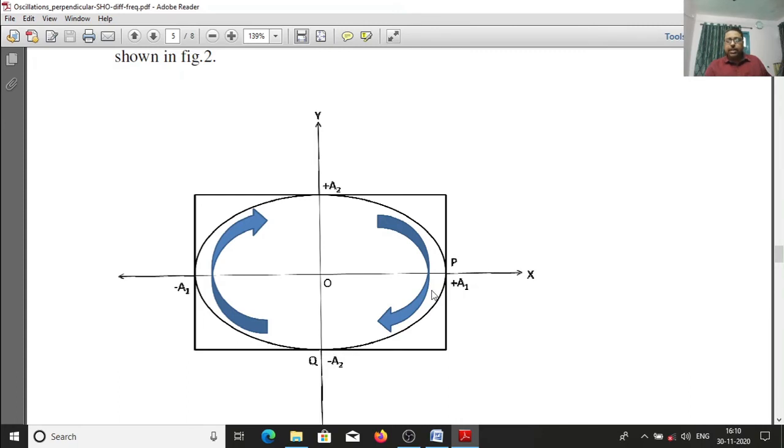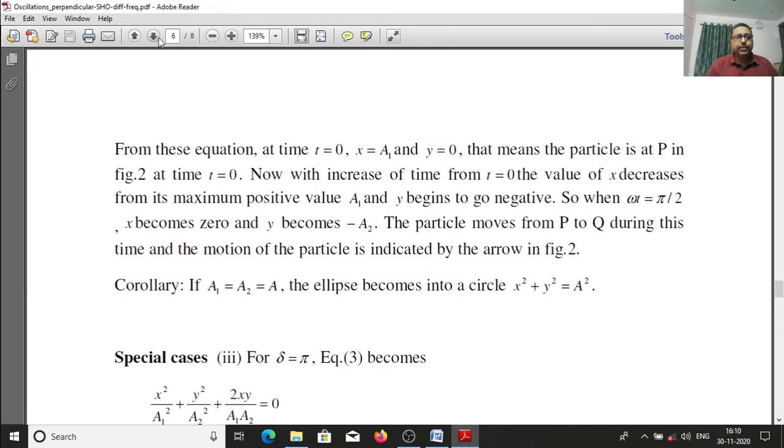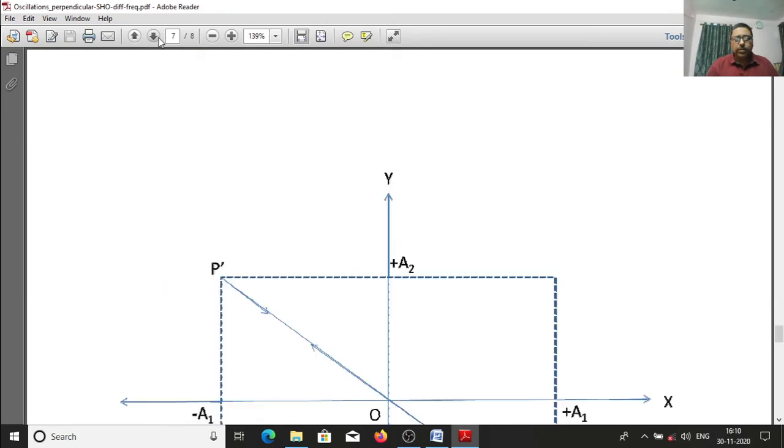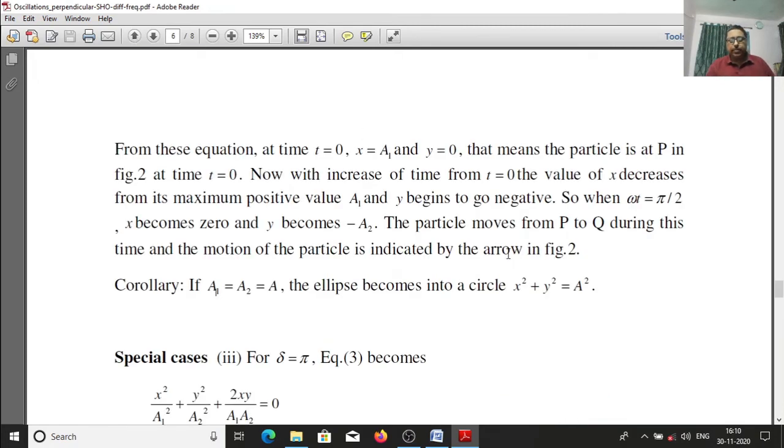That means the particle is coming from P to Q. The particle moves from P to Q during this time, and the motion of the particle is indicated by the arrow in figure 2.